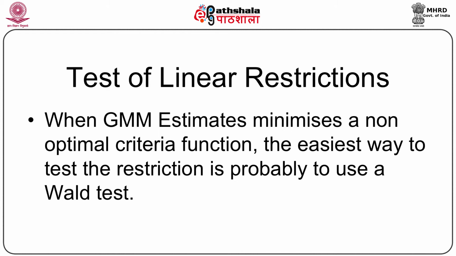So if you have a non-optimal criteria function, the above results will not hold. Now, when the GMM estimate minimizes a non-optimal criteria function, the easiest way to test the restriction is probably by using a Wald test.